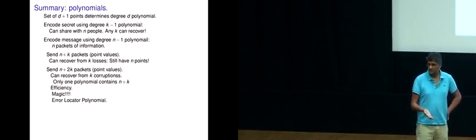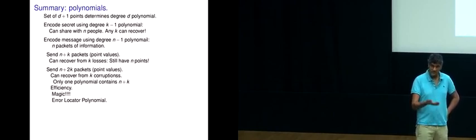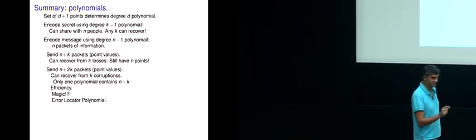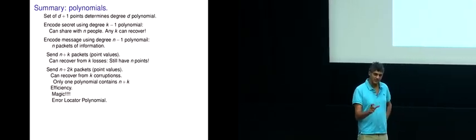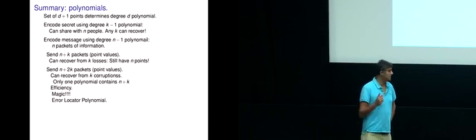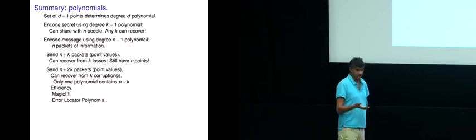Okay? And if I write down a polynomial with k roots, those k roots could be at places where the error is. So if I multiply both sides of this equation by this error locator polynomial, it is possible there does exist a polynomial that will zero out the bad equations. Okay? And that's the idea of the error locator polynomial.